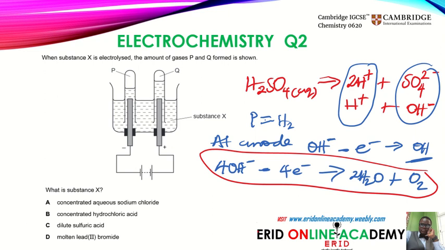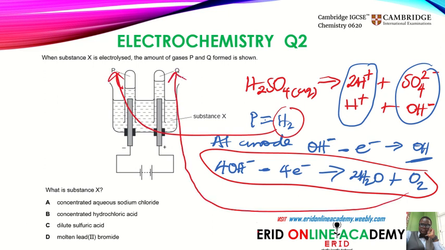Now if hydrogen is produced here at P and oxygen is produced at Q, could that be a reason why the volume of the gases are different? Okay, that's pretty simple. Now if you cast your mind back to the discharge of hydrogen, to discharge hydrogen it requires 2 electrons.